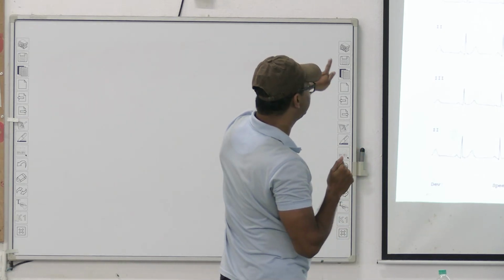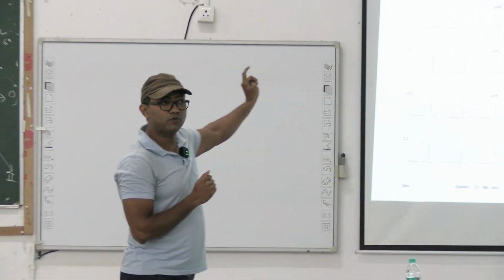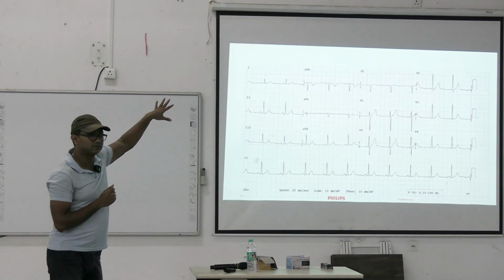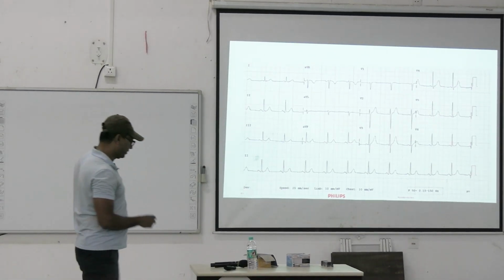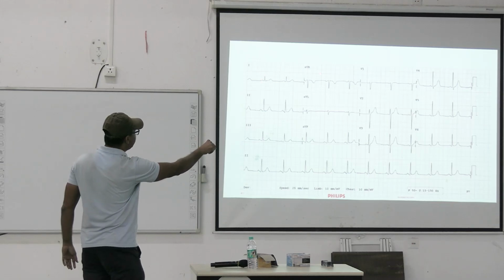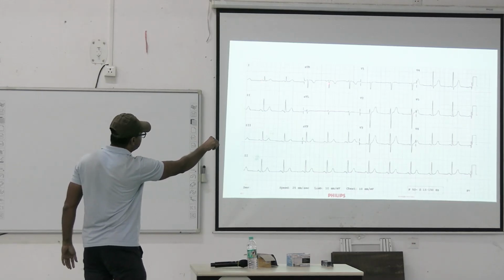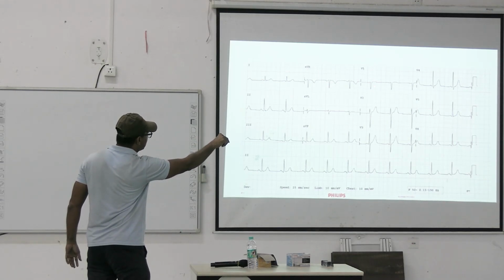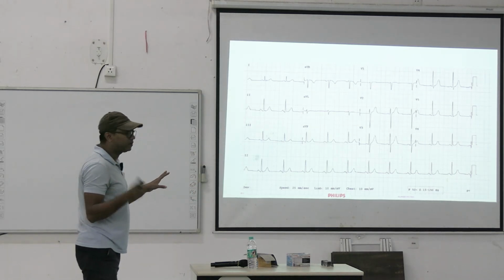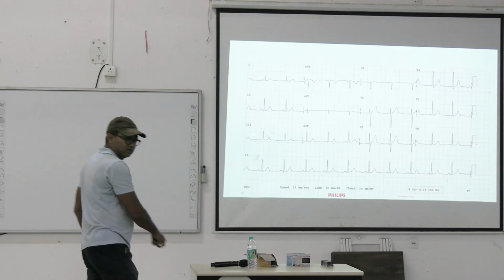Look at lead 1, whether the QRS complex is predominantly upward or predominantly downward. Lead AVR QRS complex is downward, lead V1 QRS complex is downward, but I do not need to see all leads, only lead 1 and lead AVF.